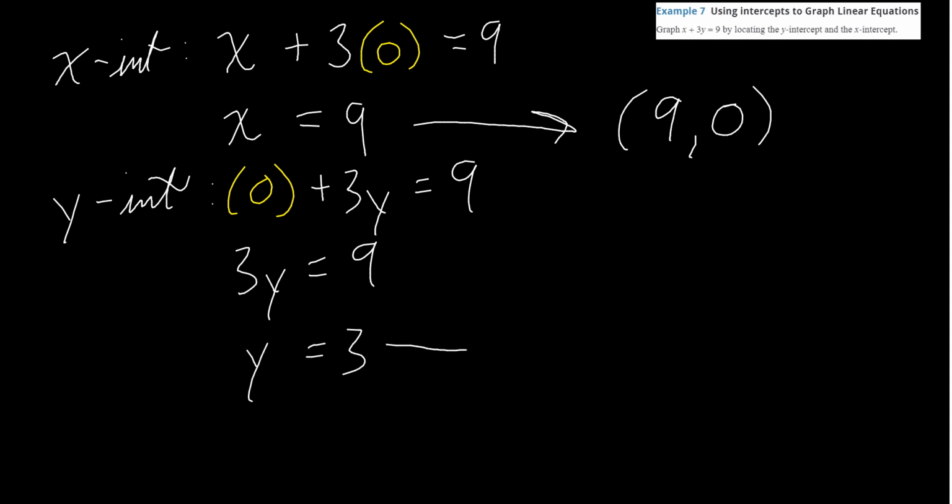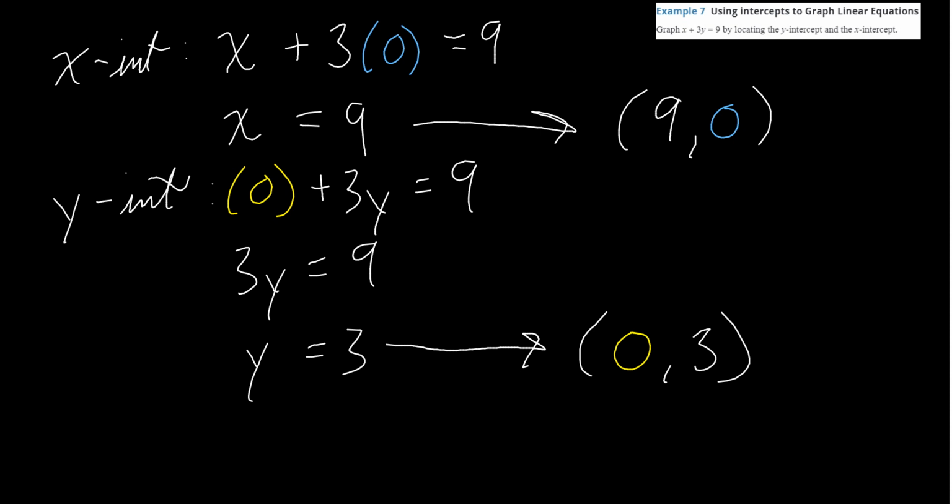Same kind of thing here. Let's do it like this, just to really drive the point home. We made the x equal to 0, so we're putting a 0 there, and the y we got out was a 3.